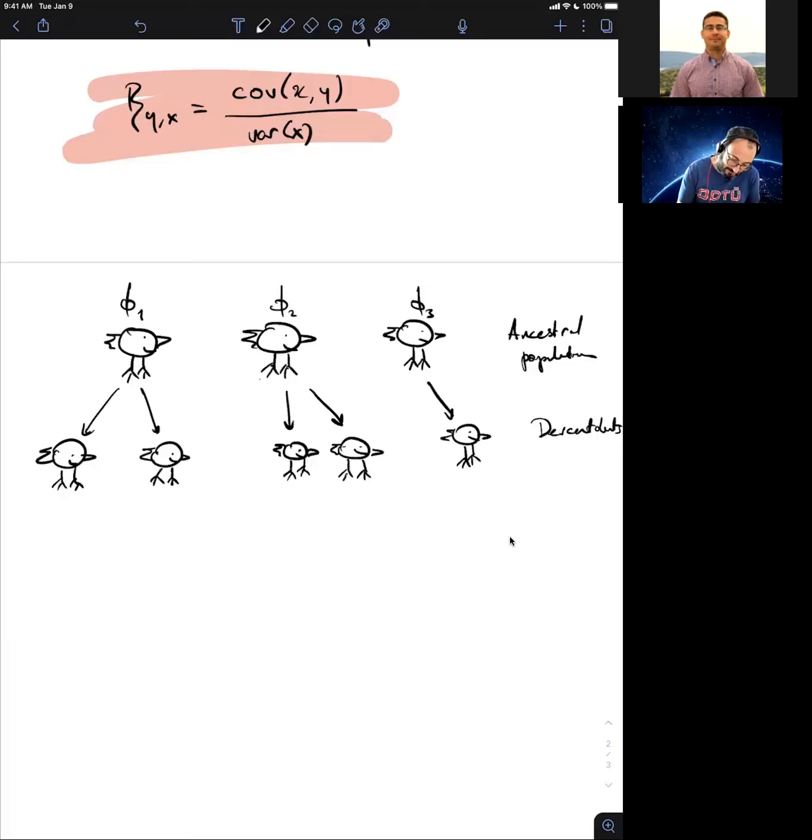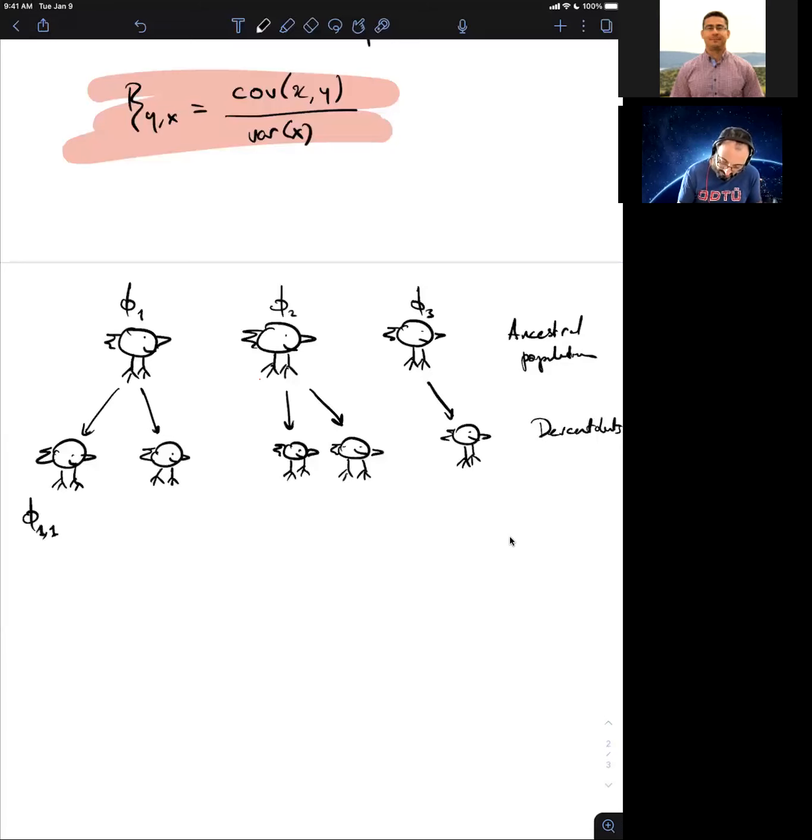And then each descendant population. This is the ancestral population. In each descendant population, we're also going to measure the individuals' traits, so they also have phi's. But for notational convenience, we're going to keep track of the descendants by labeling them first with their ancestors.